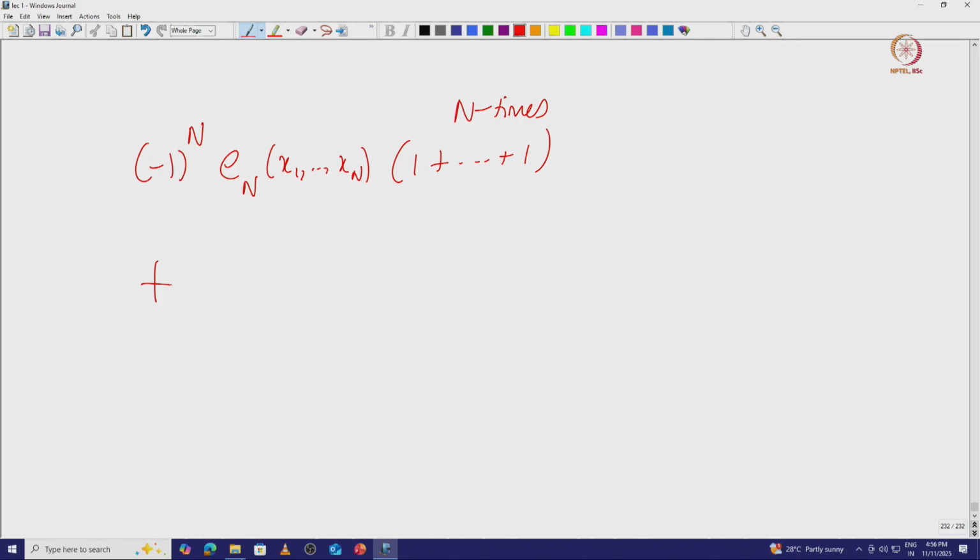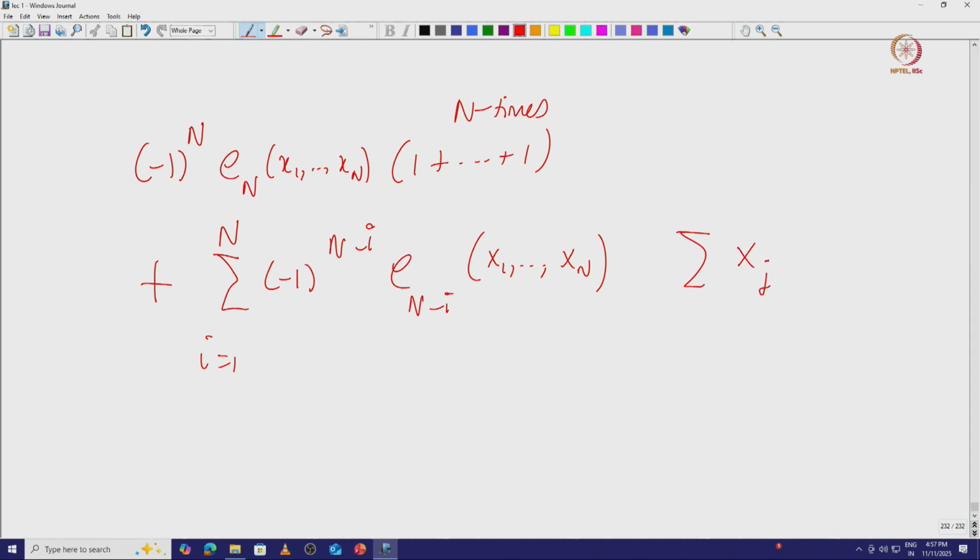Similarly you have the summation of (-1)^(n-i), i ranging from 1 to n, e_(n-i)(x_1, ..., x_n), and then you will be just summing x_j^i over j from 1 to n.